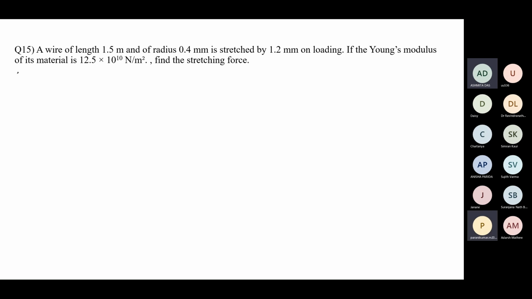Now we go for the formula of Young modulus, that is Y equals F into capital L divided by A into small l. So the formula for F is A into Young modulus into small l divided by capital L. A can be written as pi r square. If I put the values in the respective places, F comes around 50.27 Newton.